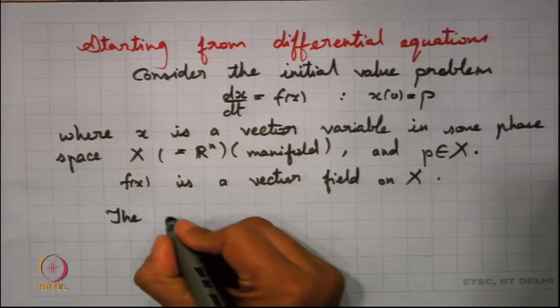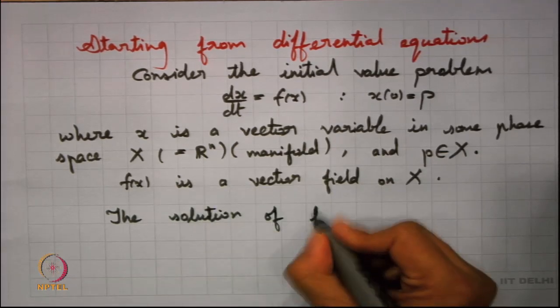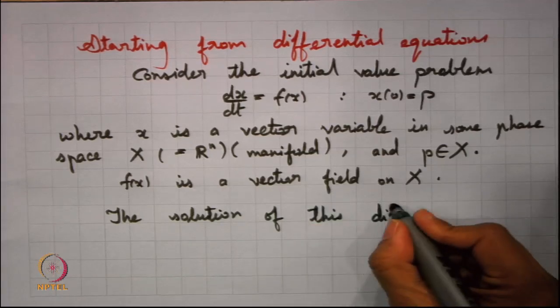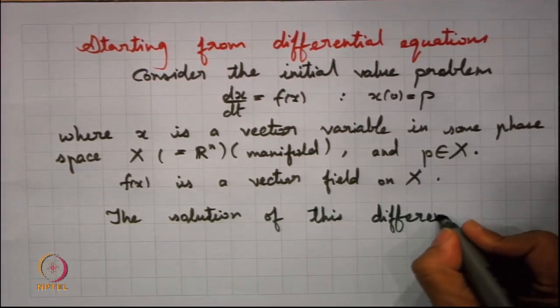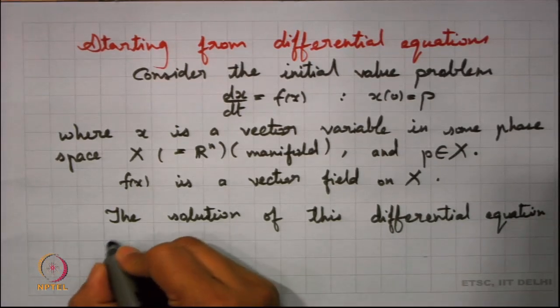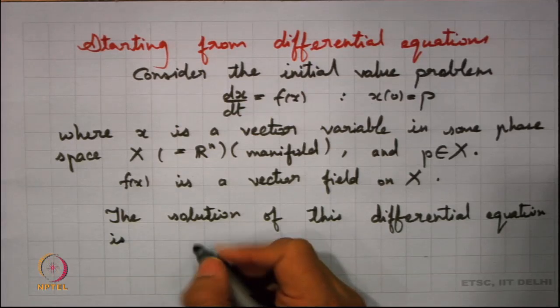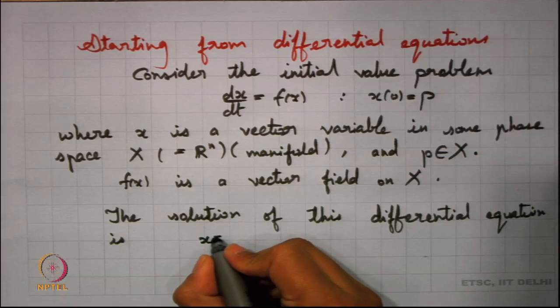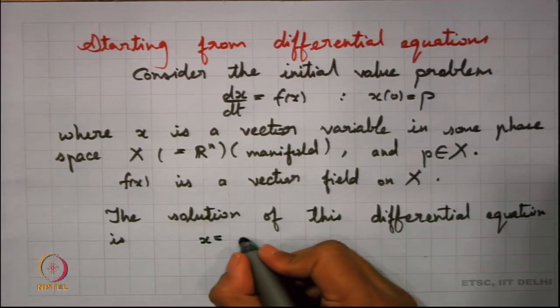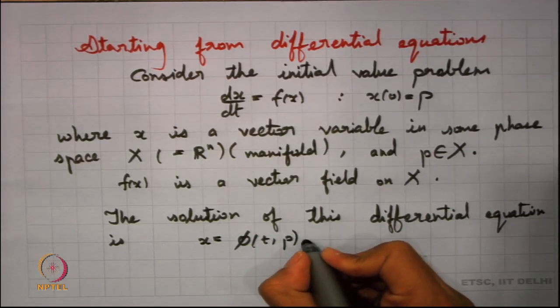Then the solution of this differential equation, I can look into this as x equal to, say, a function phi, which is a function of t, and of course a function of the initial point p.